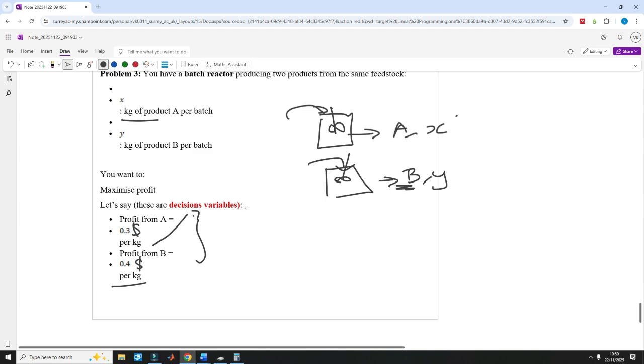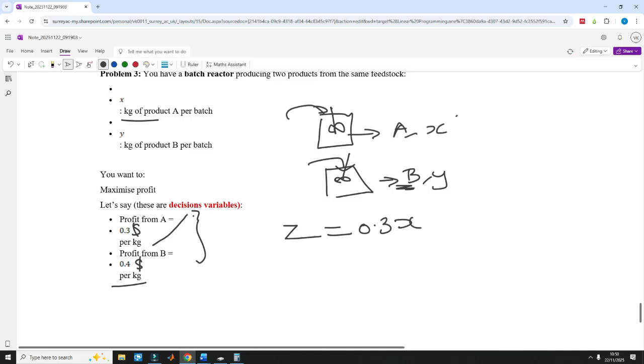Let's define profit as Z. We get $0.3 if you sell 1 kg of A, where X is the kg of product A produced per batch.